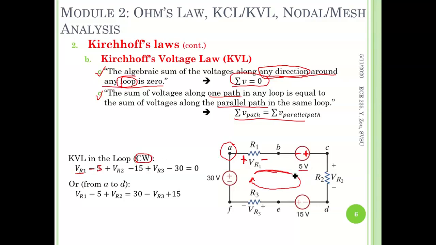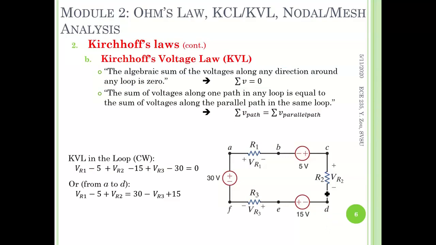The next voltage we come across is the voltage across R2, and with this polarity we come across the positive first, followed by negative, so it's a positive sign in front of VR2. Continuing along this direction, the next one is the 15 volts voltage source. We come across the negative first, followed by positive, so we give a negative sign in front of it.